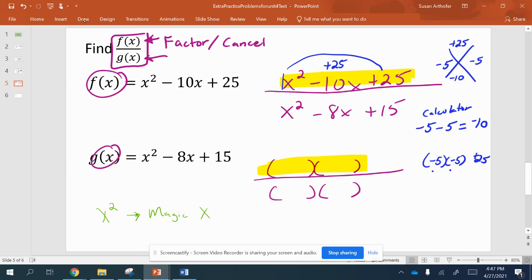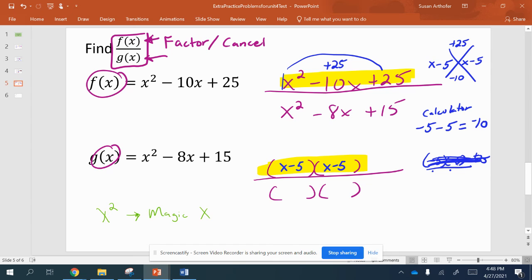But it would be positive 25, wouldn't it? 5 times 5 is 25. Negative times negative is positive. We're not doing that, so don't think 2 negatives makes a positive. Use a calculator if you're not so good at that. Negative 5 with another negative 5 adds up to a total of 10 negatives. Okay? Add your x's. Put it in here.